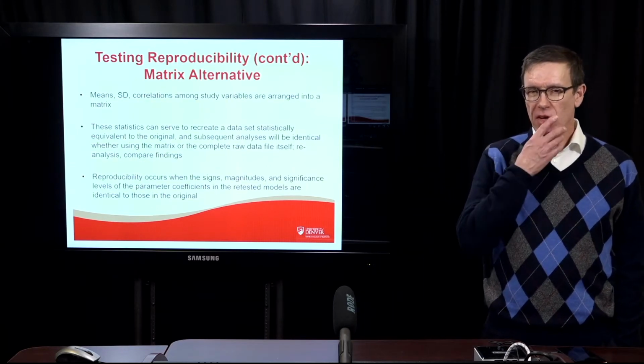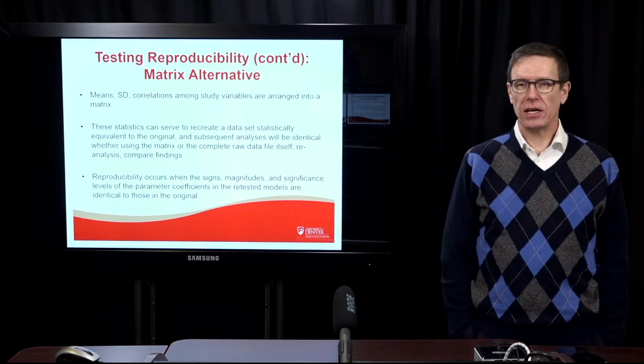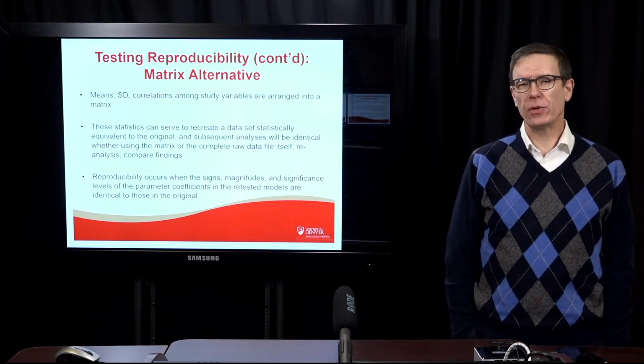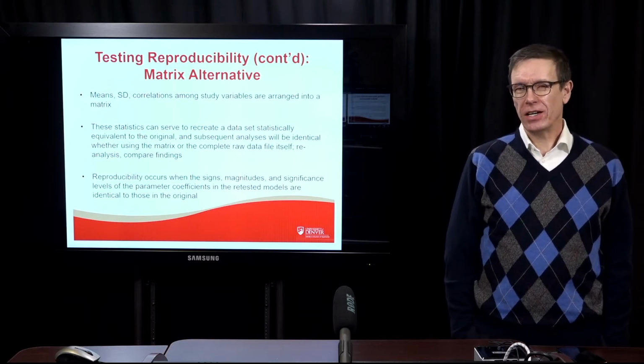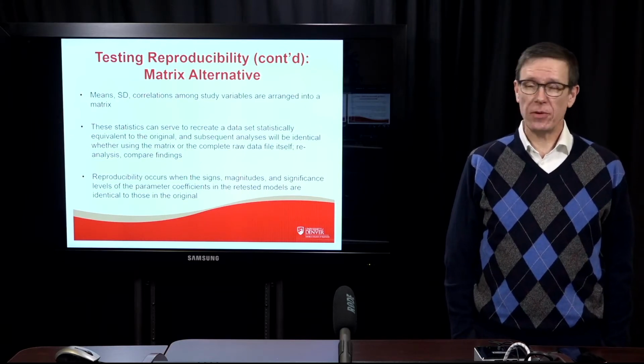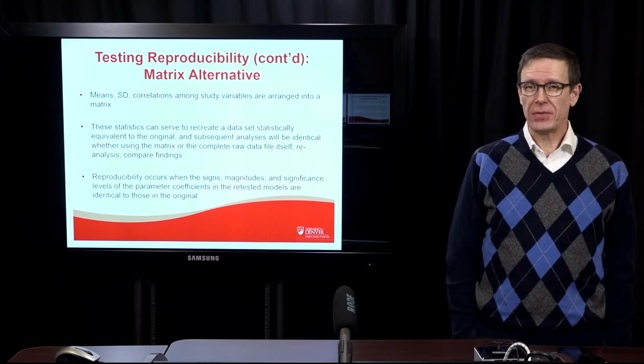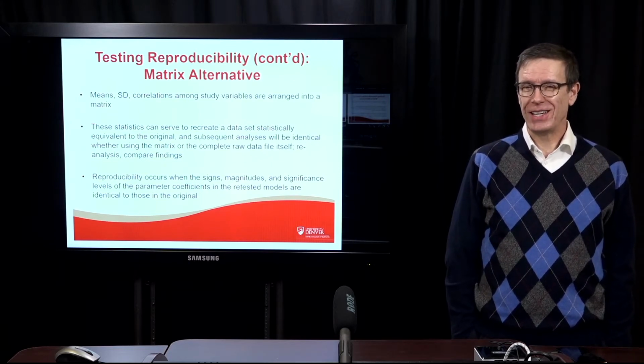First of all, this matrix approach is an alternative that many may not be familiar with. Those of us that were trained in statistics back in the day often had to use this approach, so it may be more familiar to those that had their training back in the 1980s and before.